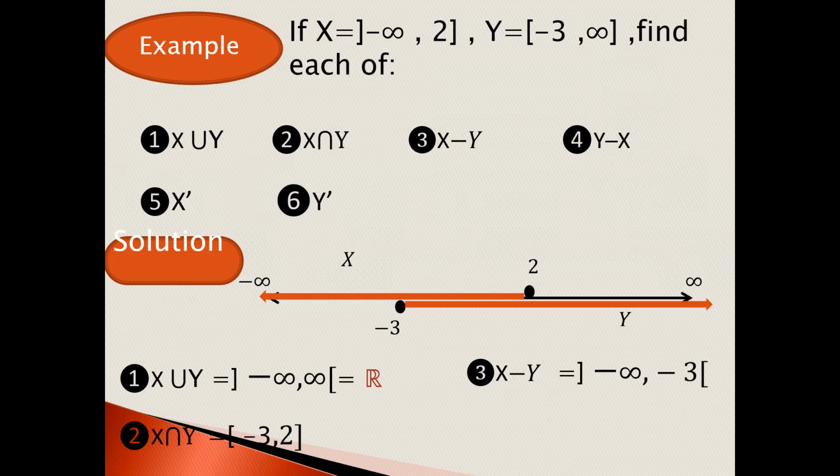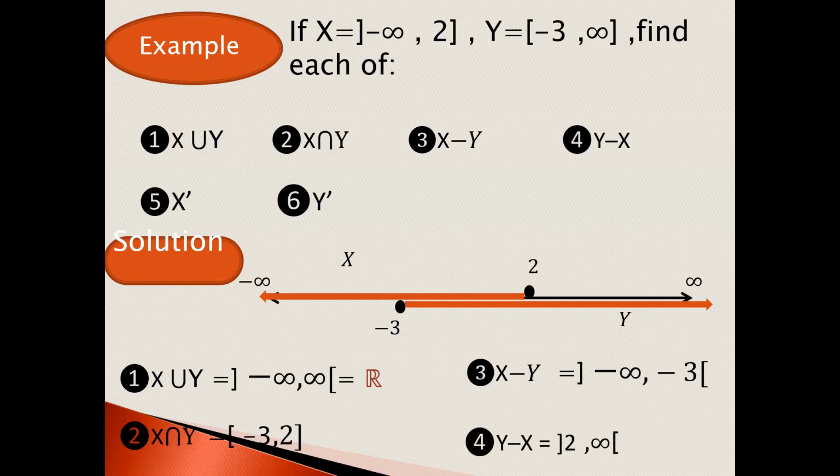I'll opposite -3. It will be open. So the interval here is negative infinity and -3. But -3, I'll cancel it and take its opposite. It will be open, because I want it not included in X but here included in Y.